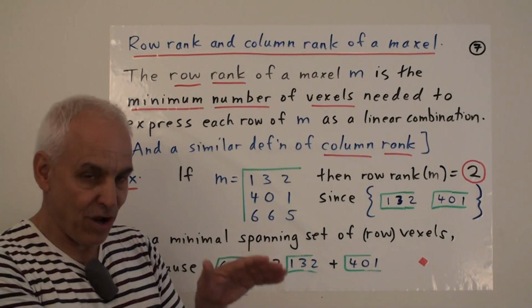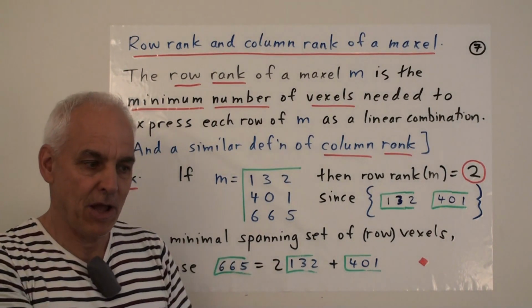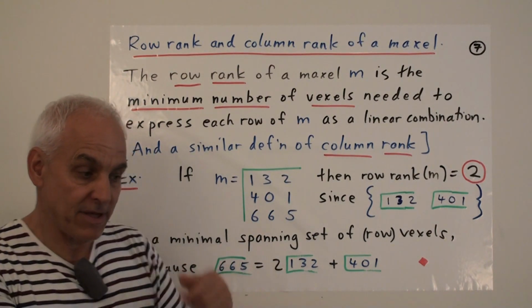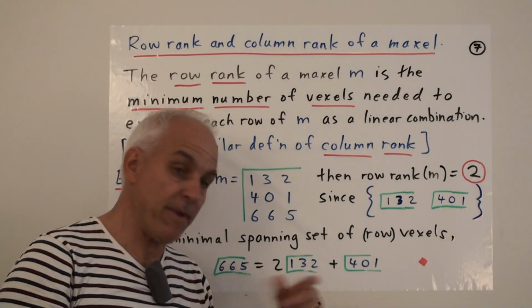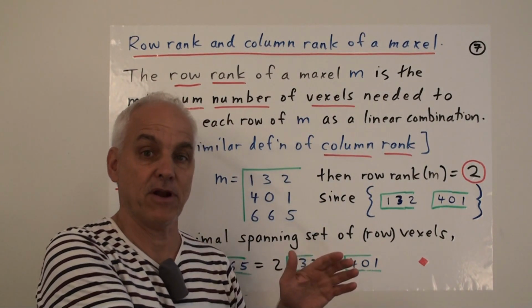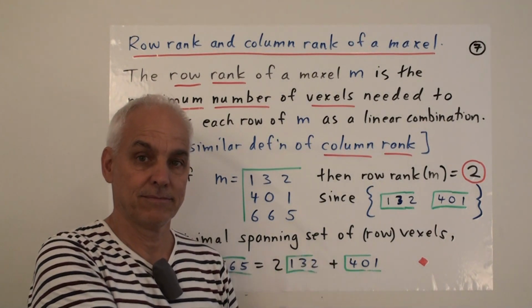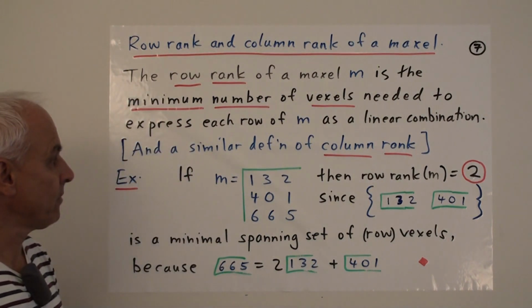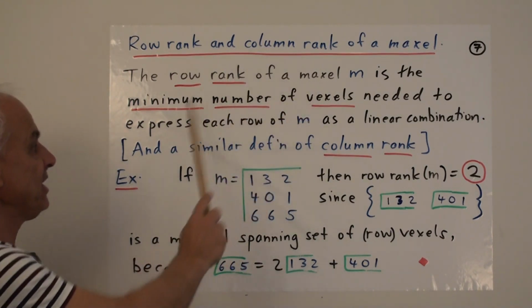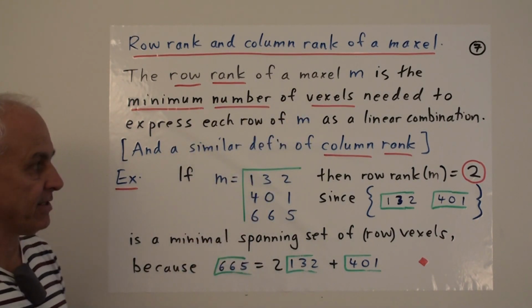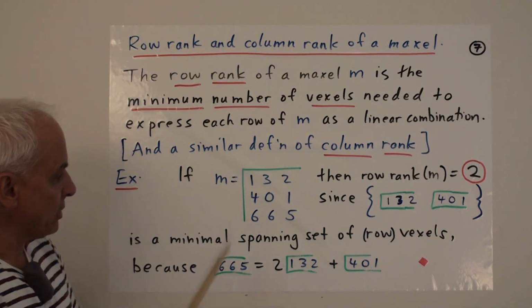So we're looking for a collection or a set of vexels which is as small as possible but still has the property that every row of our maxil is some linear combination of the vexels that we have in our little list. And a similar definition of column rank: minimum number of vexels needed to express each column of M as a linear combination.